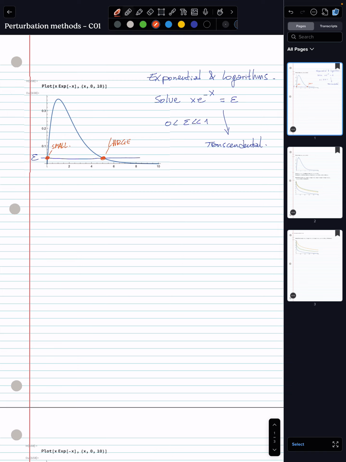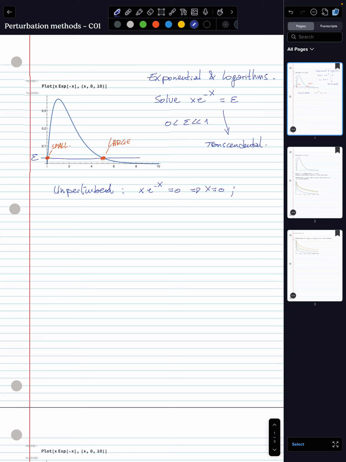We can also notice that in the unperturbed problem, that's something I always try to force you to start with, the unperturbed problem would say x exponential minus x is equal to 0. So in fact, we have two options.